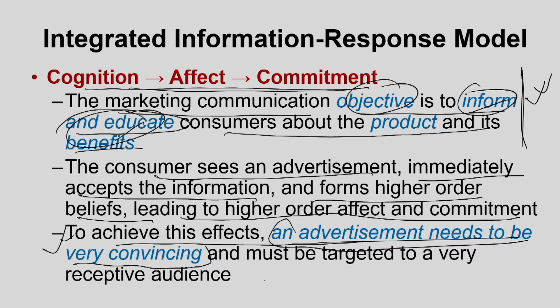So, an advertisement for this kind of product needs to be very convincing and must be targeted to a very receptive audience. Two things have to be true for this to work. Not only should the advertisement be very convincing, with information that is convincing and a very high emotional appeal, it should also be targeted to receptive audiences.